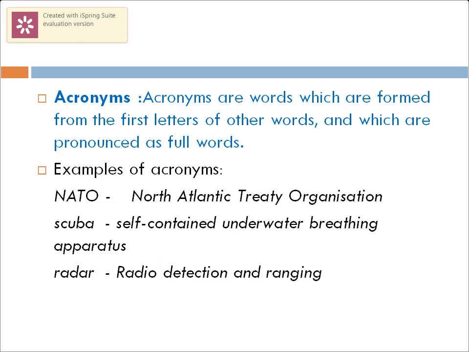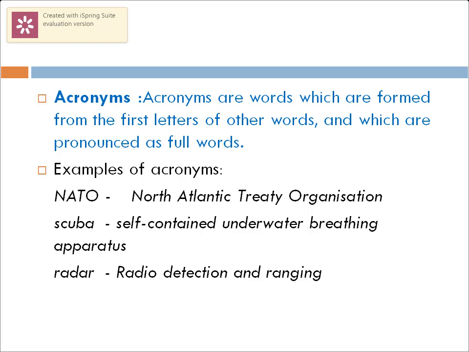Now, let's look at the third category, that is acronyms. Acronyms also come under the umbrella of abbreviations, and they are similar to initialisms in that these abbreviations are formed from the first letters of other words, but they are pronounced as a totally new full word. For example, North Atlantic Treaty Organization, the abbreviation for it is NATO.